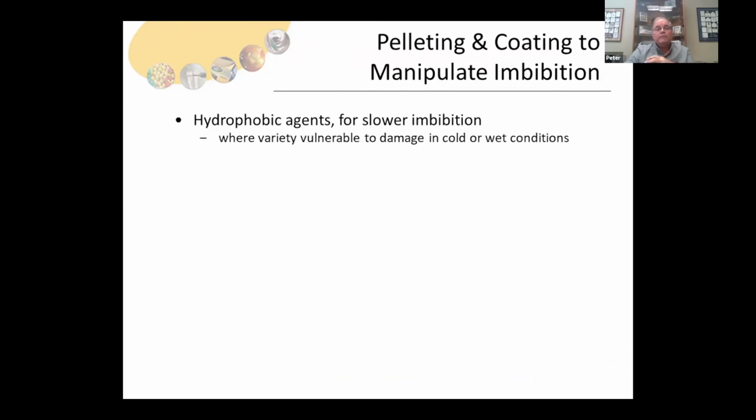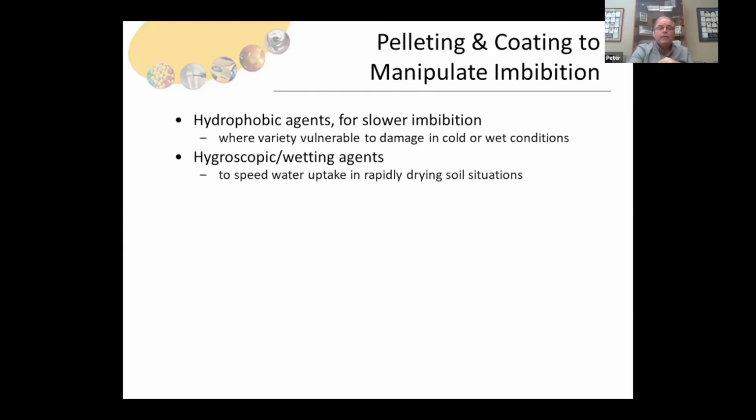We have some hygroscopic agents for slowing imbibition, where we're vulnerable to water damage and cold wet conditions, so cold chill injury issues. And we can slow the water from imbibing into the seed quickly with certain coatings. And then we have hygroscopic coatings or wetting agents. And this is to speed the water uptake or create some sort of a gel around the seed.